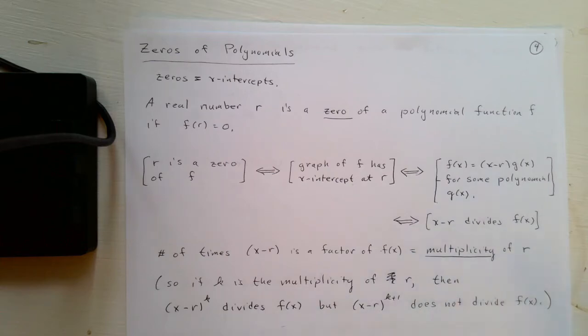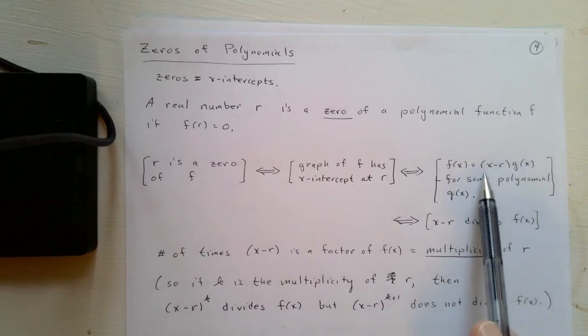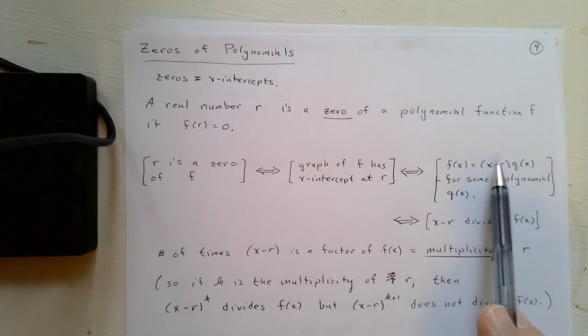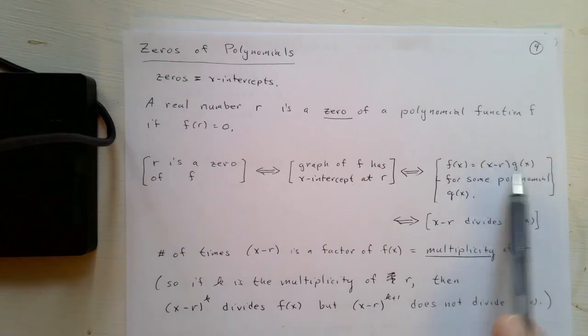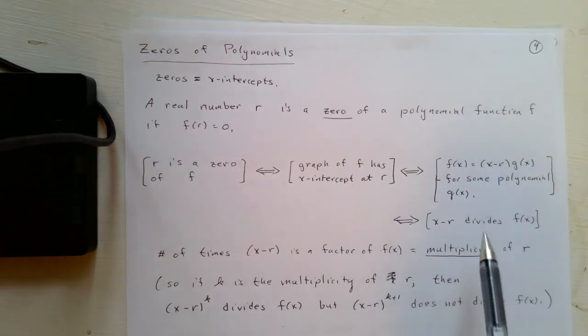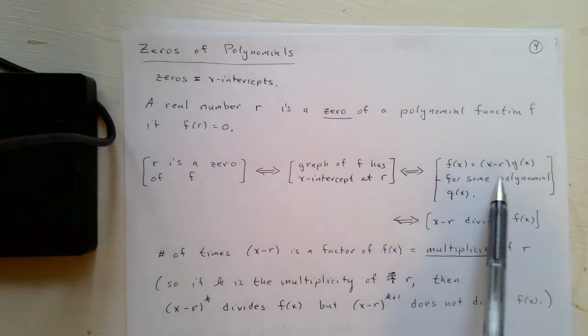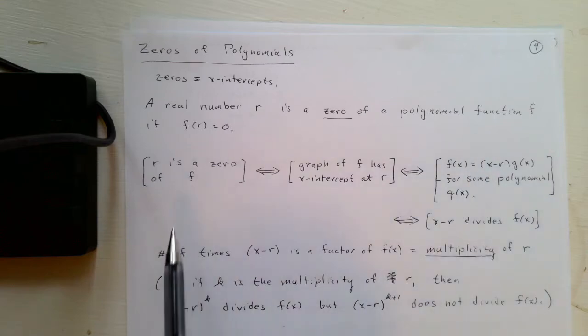Now you can clearly see, hopefully, that if f of x is in this form, and you plug in x equals r, this factor becomes 0. So 0 times something is 0, which means f of r will be 0. What might not quite be obvious is the other direction. Why do we know that x minus r has to divide f if r is 0?